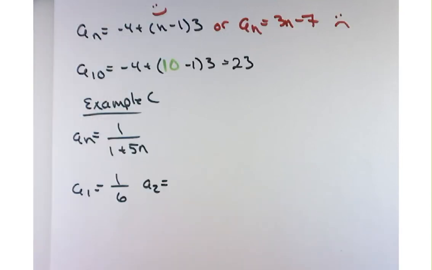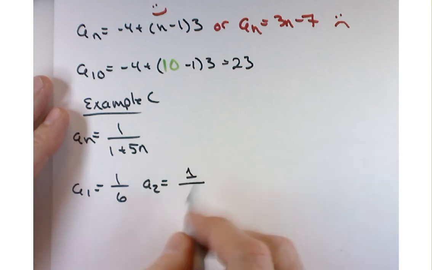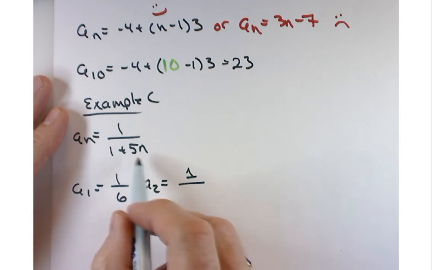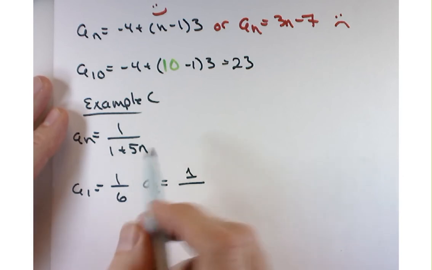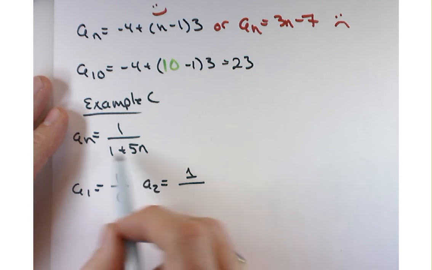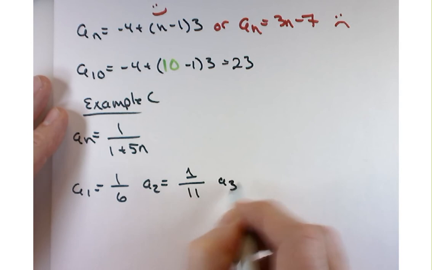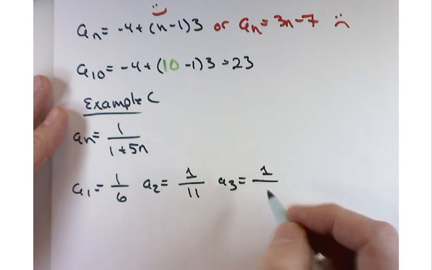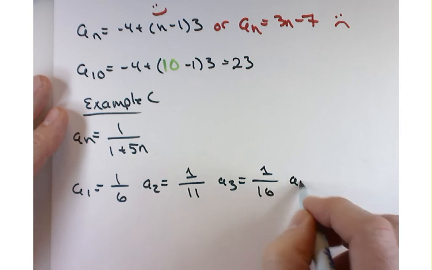Let's spread it around. Rebecca, what do you think A sub 2 is going to be? 1 over what? If I put in a 2 here, 2 times 5 plus 1, 11. Good. Julian, A sub 3. 16. Nice. Ella, A sub 4.